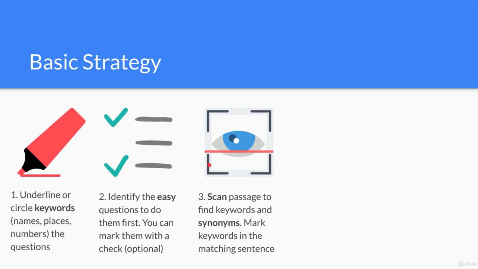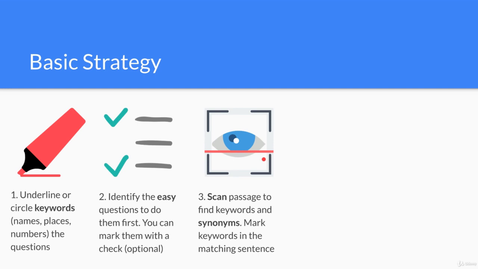The third thing that you're going to do is scan the passage to find the keywords and the synonyms. You may notice that up until this point, our strategy is pretty much the same as when we are looking for our answers to the short answer questions or to the fill in the blank questions. Our strategy has not changed so far.